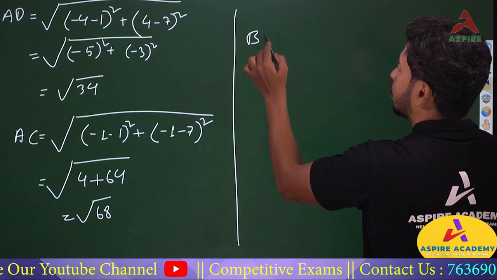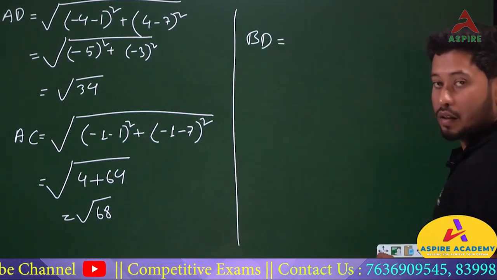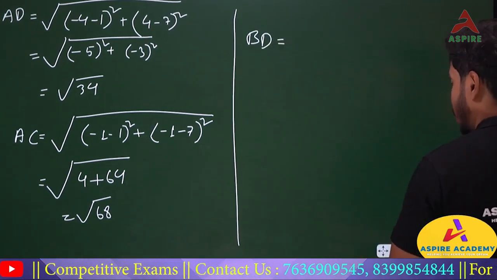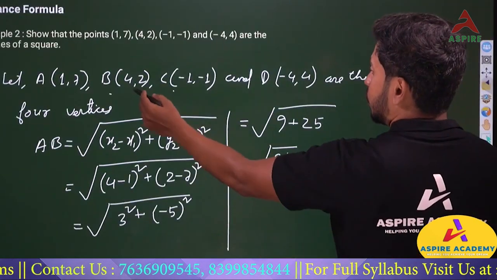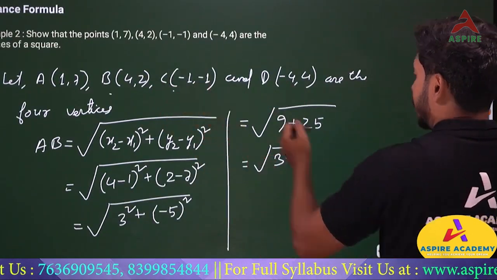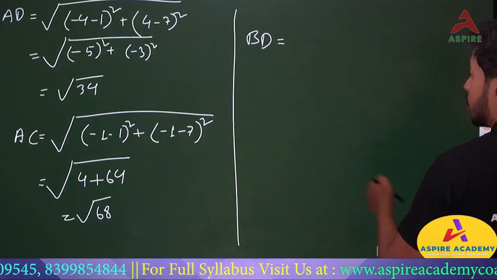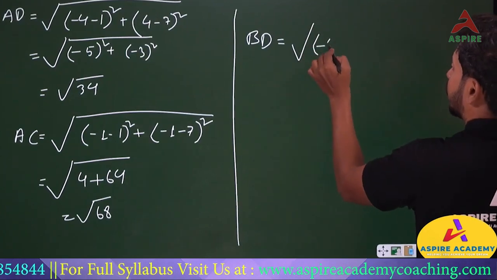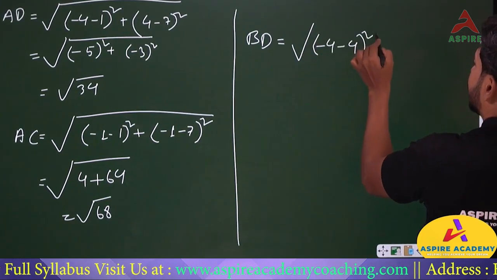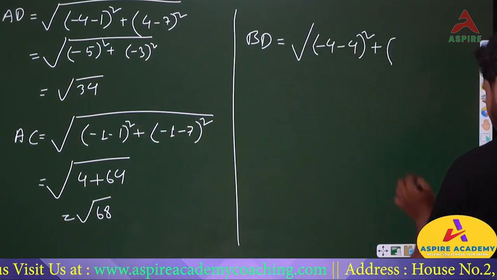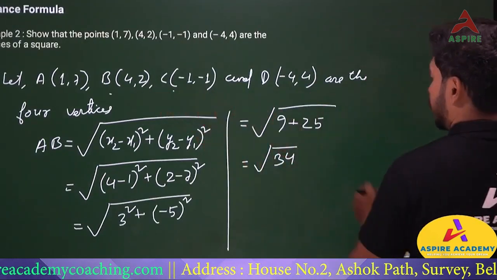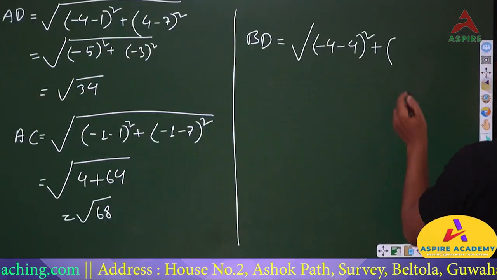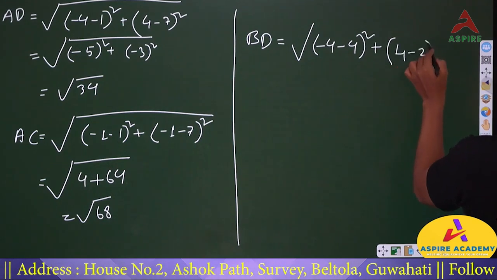BD. BD is the second diagonal. So what is BD? BD is minus 4 minus 4 whole square plus 4 minus 2.